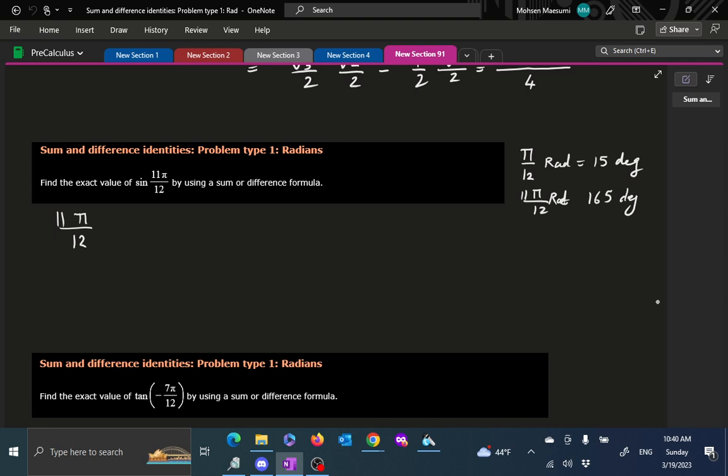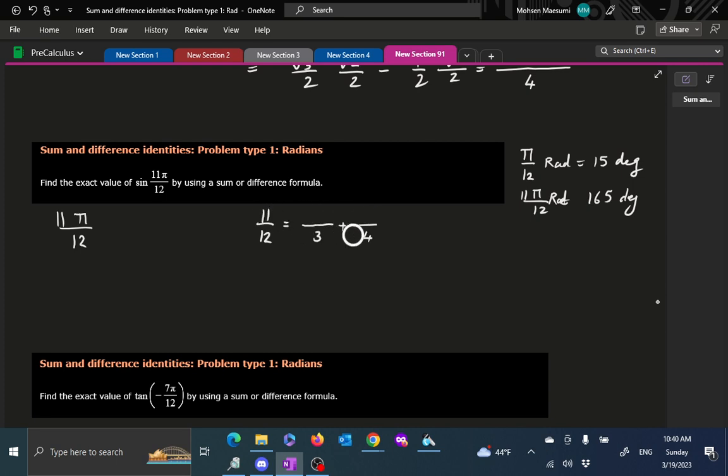How about in radians? You take 11 over 12 and break it down. How do I break it down? The denominators are 3 and 4. Let's try addition. How can I make two numbers here such that when I add them I get 11?